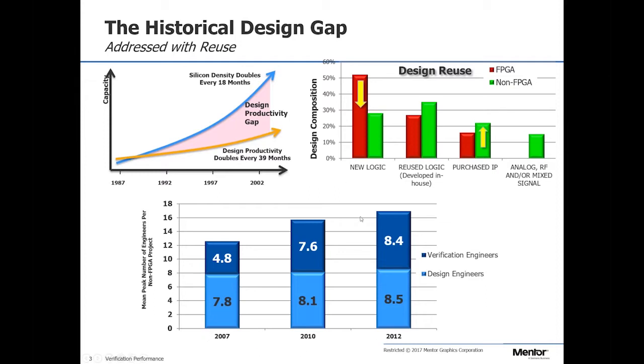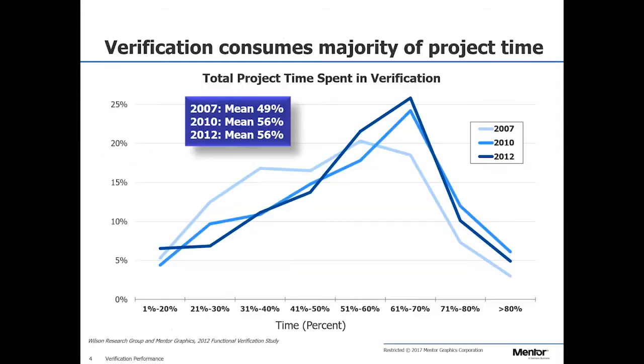And you can see that looking at the trends. And this is definitely in the ASIC world, that if you looked back a decade ago, there was probably 2 design engineers to every 1 verification engineer. And today, we probably have more verification engineers than we do design engineers on any ASIC project.